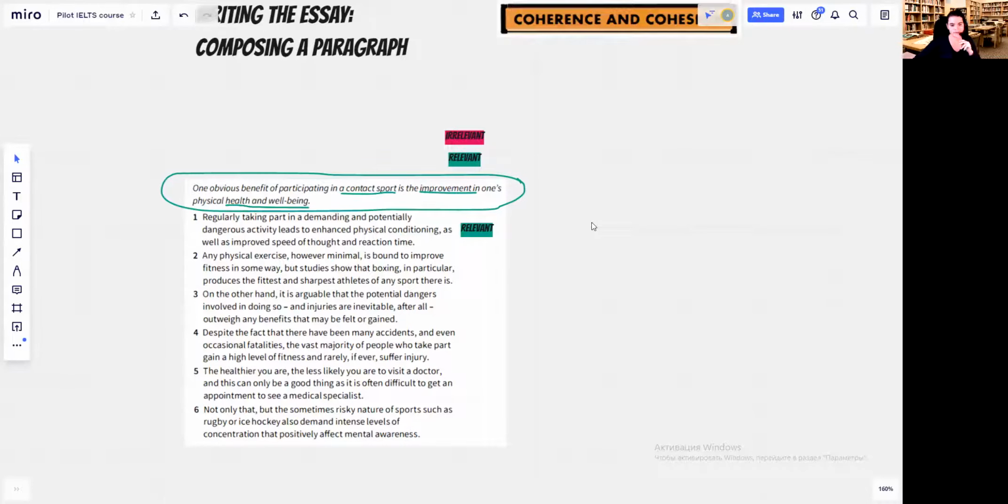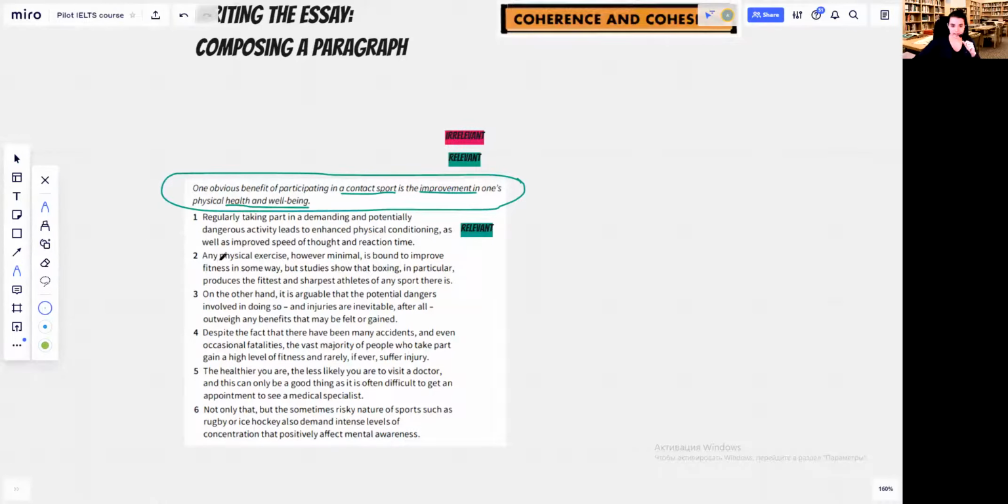Next, any physical exercise, however minimal, is bound to improve fitness in some way. But studies show that boxing in particular produces the fittest and sharpest athletes of any sport there is. Do you think it's relevant? It is. Why? Well, because we do not stray from the topic.